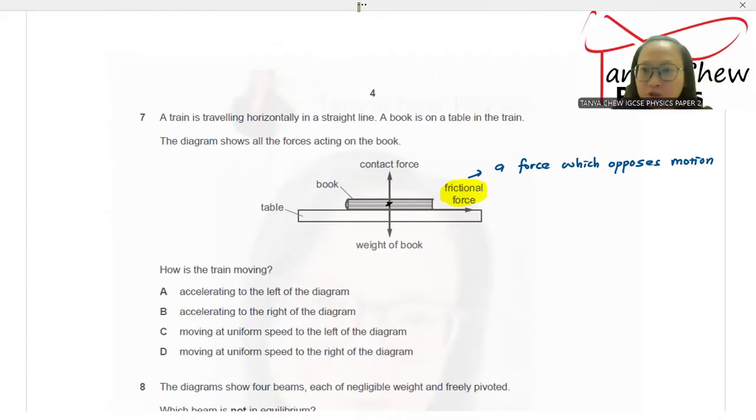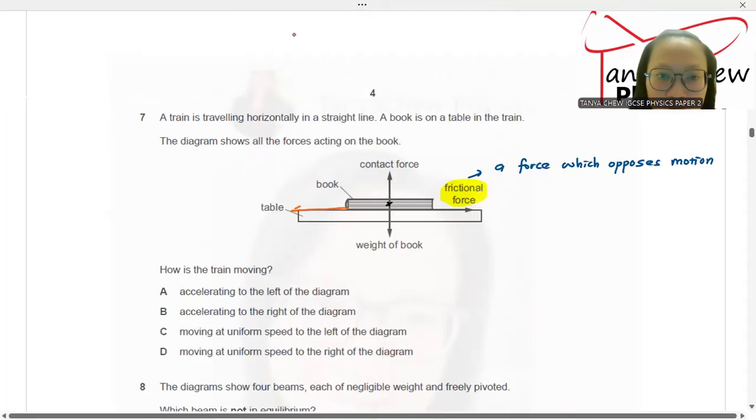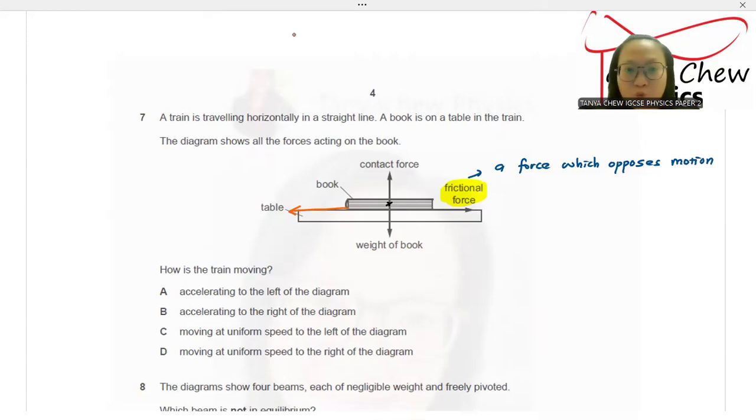So the frictional force opposes the motion of the book. Therefore, the book must be moving towards the left of the table. Why? Because if the book is moving towards the right of the table, then the frictional force will have to act towards the left.